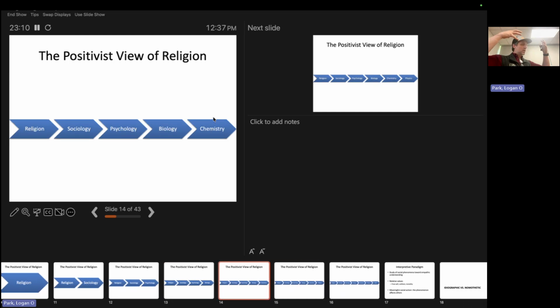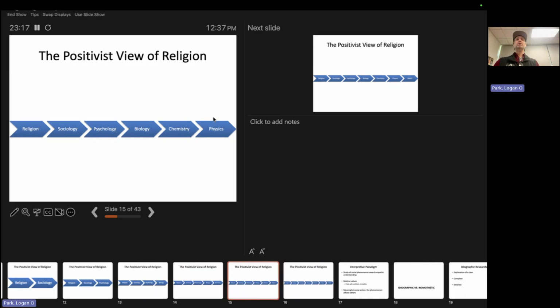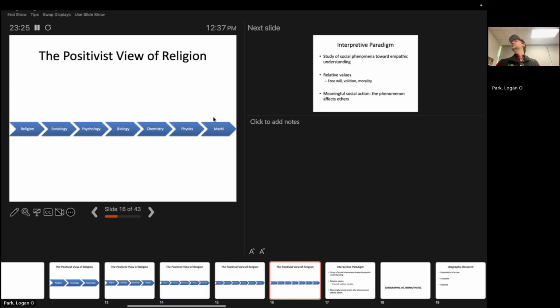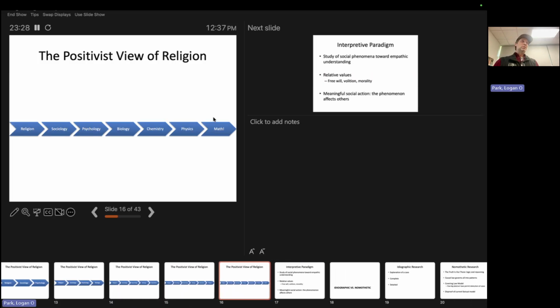Biology is just chemistry. We are electrically actuated sacks of meat organs. And chemistry is just physics. Like the molecules are just made of atoms, and atoms are just made of subatomic particles, which are just made of 11-dimensional vibrating strings. And physics is ultimately just math, right? So if you want to understand religion, be good at math.